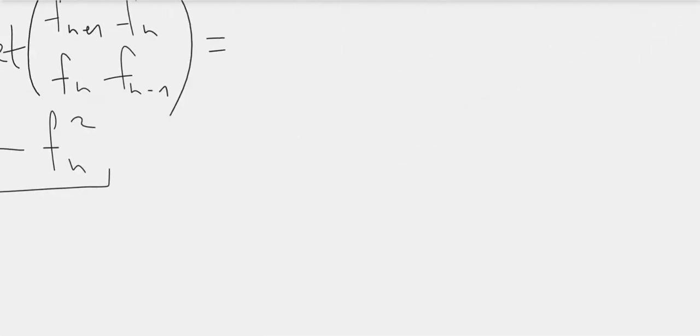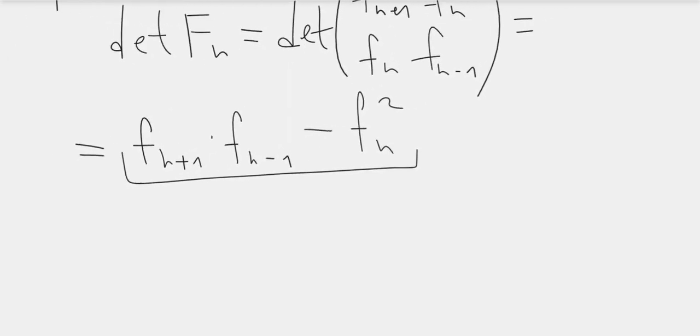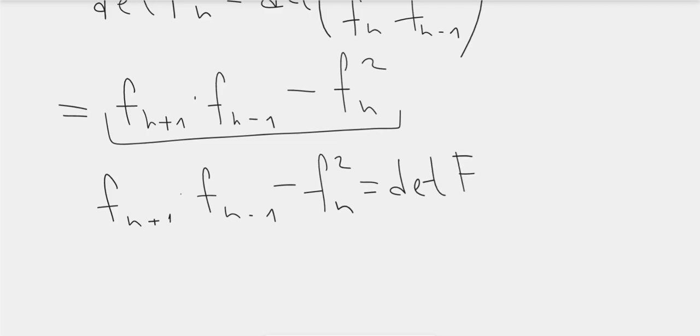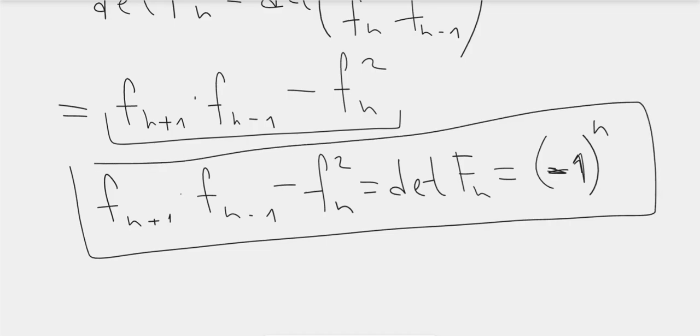Therefore, we conclude that Fn plus 1, Fn minus 1 minus Fn squared is equal to the determinant of the matrix Fn, and this is equal to minus 1 to the power of n. And this is exactly the Cassini identity that we needed to prove. That's it.